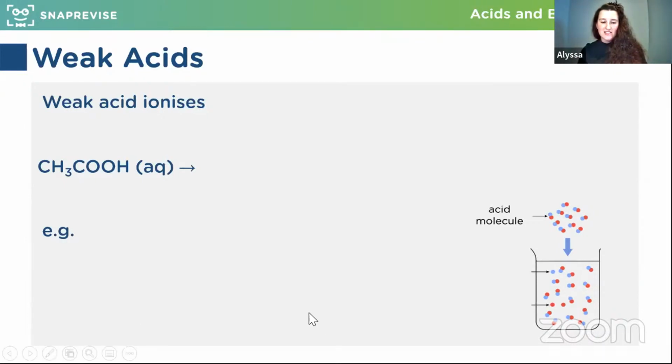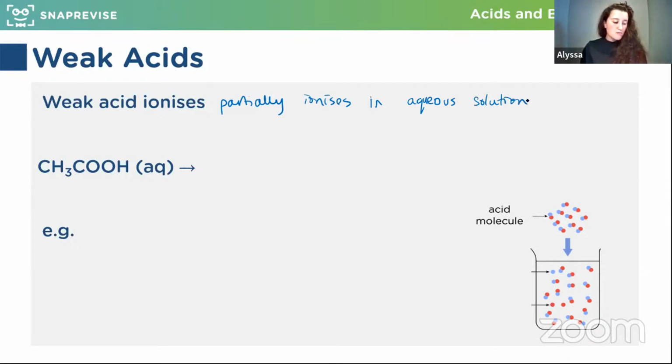Good, well done, Kat. It means that it only partially ionizes or partially dissociates in aqueous solution.